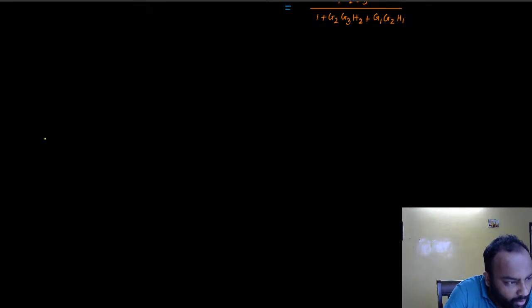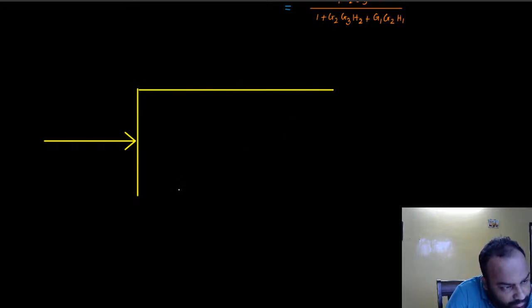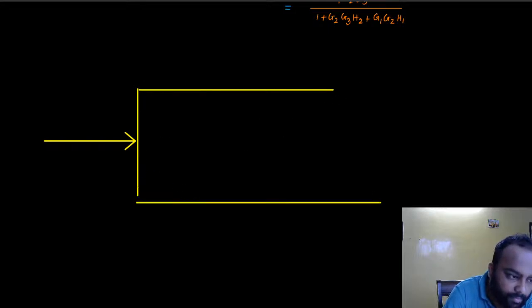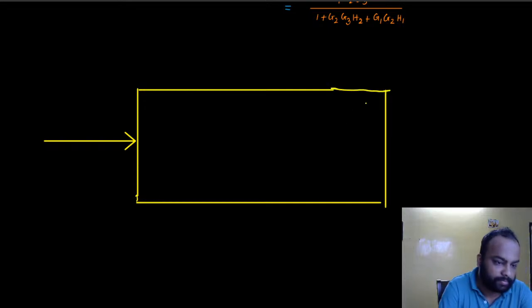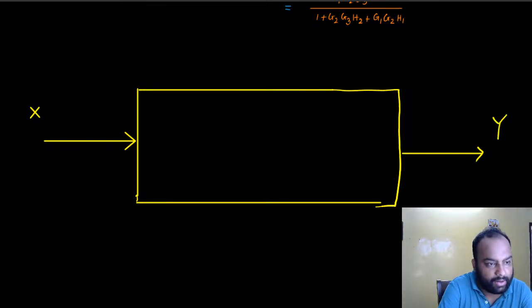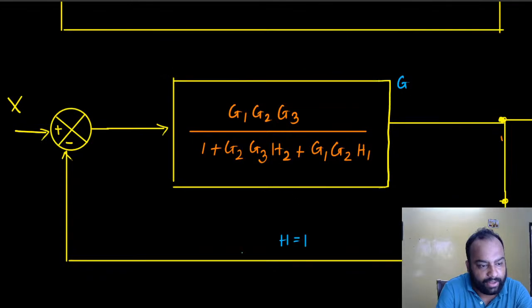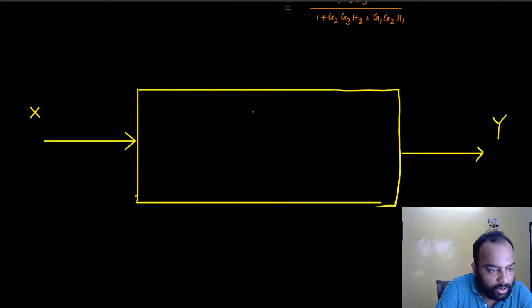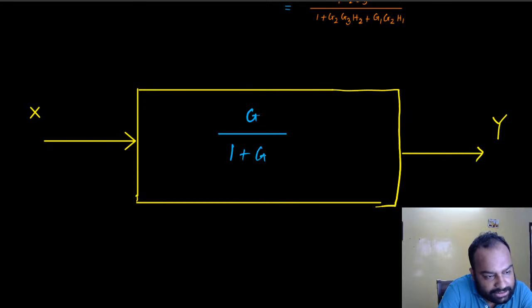So now we would construct a single gigantic block where the input was x and the output was y. And we said we are considering this to be G and this to be H. Of course, my transfer function is going to turn out to be G by 1 plus GH. But happily right now H is equal to 1.